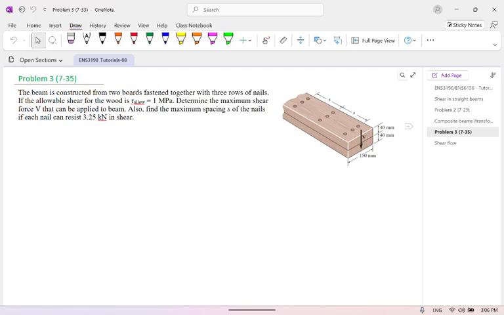The beam is constructed from two boards fastened together with 3 rows of nails. Look here, 3 rows. This is 3. Okay.